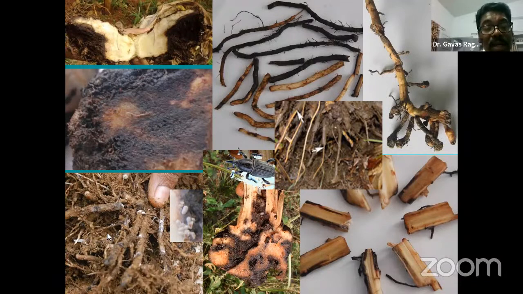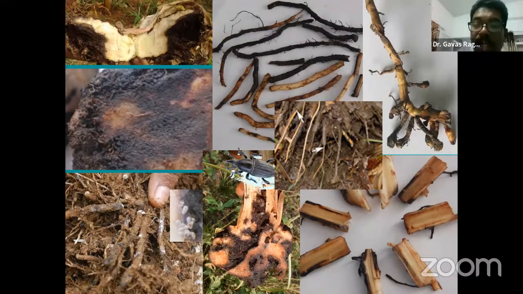Because of their attack, dark black colors will be present there. So the presence of root mealybug confirms the infestation, and then we have to use management practices.